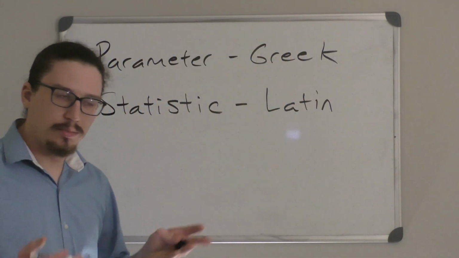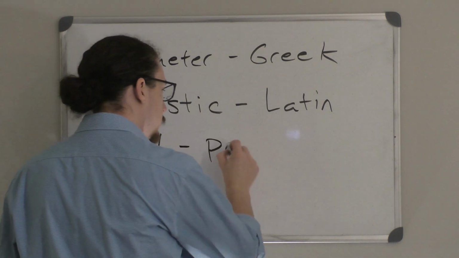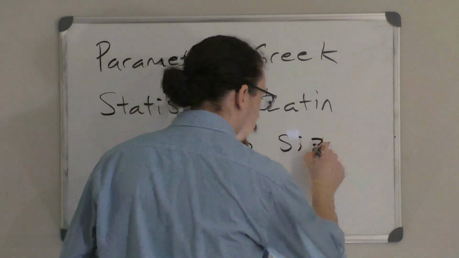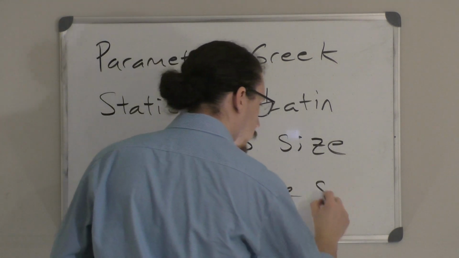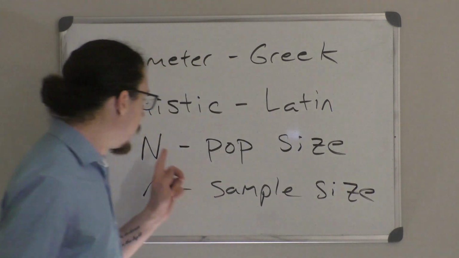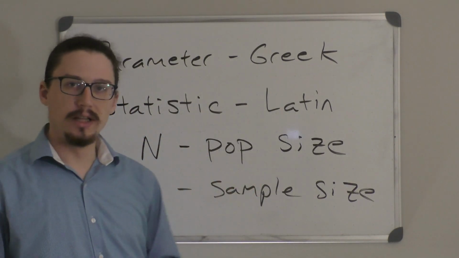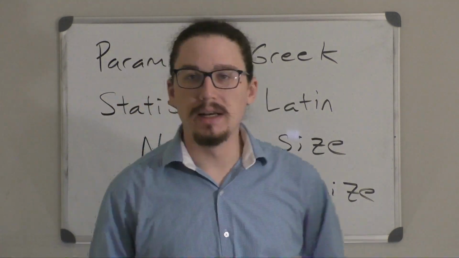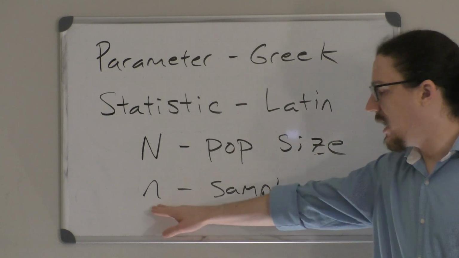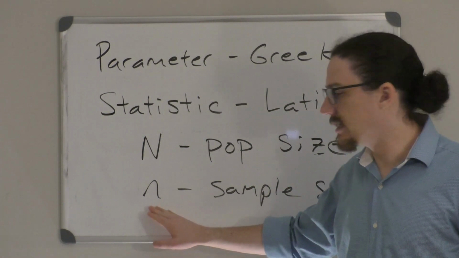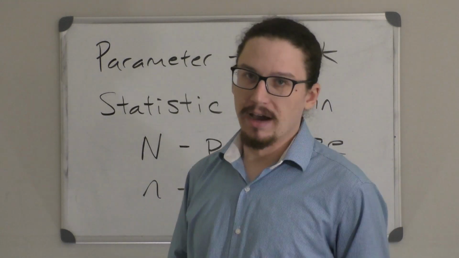And then similar to this, but not wholly, if we have a capital N, that is the population size. So if we're calculating a parameter, we're going to have N as our population size, and if we're calculating a statistic, we're going to have lowercase n as our sample size.